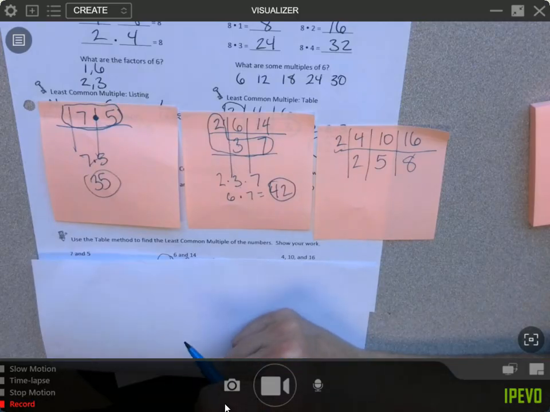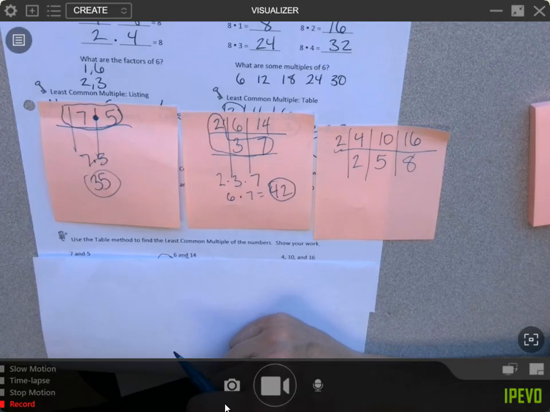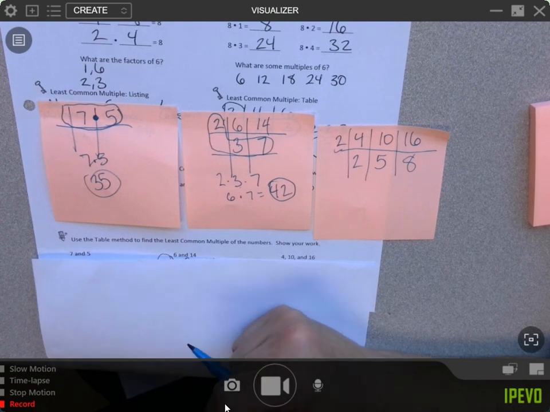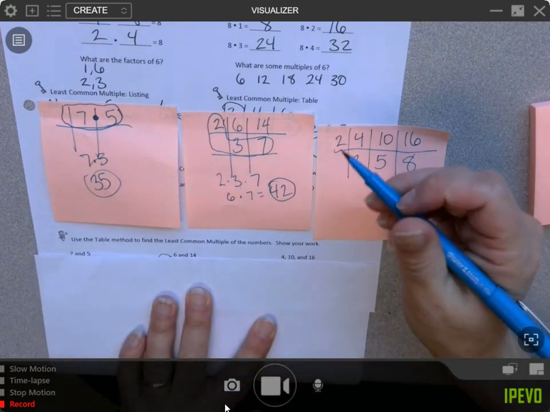Now, remember when I said there's a twist with the least common multiple versus greatest common factor? With the least common multiple, I can look at 2 of the 3 numbers and see if there's something else I can divide out. What number could I divide out of at least 2 of these numbers, Adeline? Another 2.